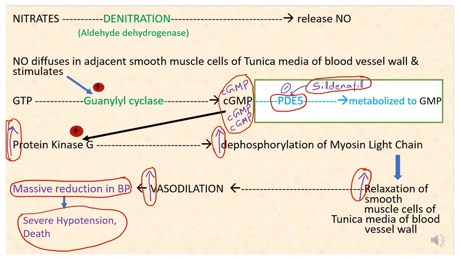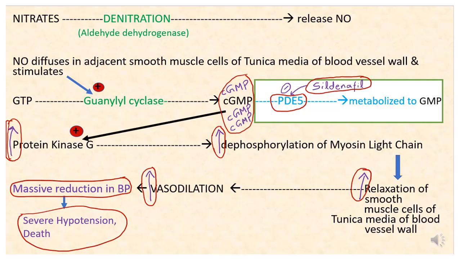Due to blockage of conversion of cyclic GMP into GMP, there will be too much accumulation of cyclic GMP, and that will result in overstimulation of protein kinase G. That will cause excessive dephosphorylation of myosin light chain, resulting in excessive relaxation of smooth muscle cells of tunica media of blood vessel wall.